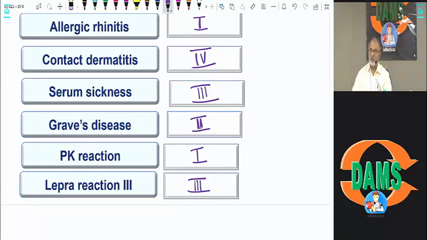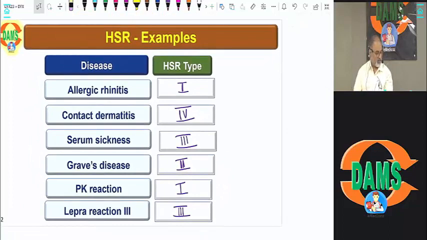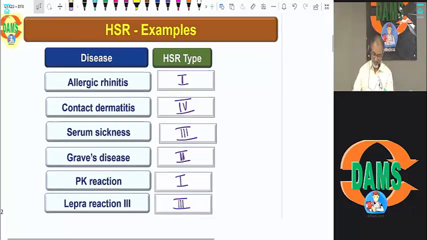We call it Lucio phenomenon. It comes under both categories. Rheumatoid arthritis, if it is a cell mediated mechanism, comes under type 4. If it is antibody immune complex mediated, comes under type 3. But the majority contribution is from type 4. So this slide will give an idea to approach examples of hypersensitivity reactions.